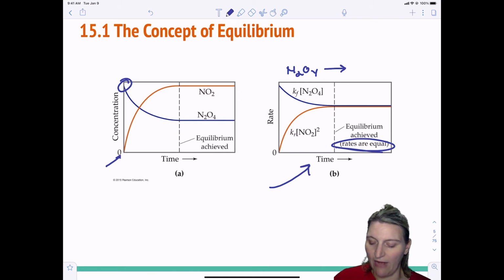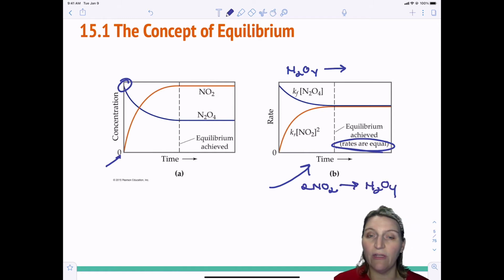The reverse reaction, which is NO2 making N2O4, starts out slow, and then it gets larger and larger until eventually the rate forward and the rate reversed are the same. And that's the definition of equilibrium.